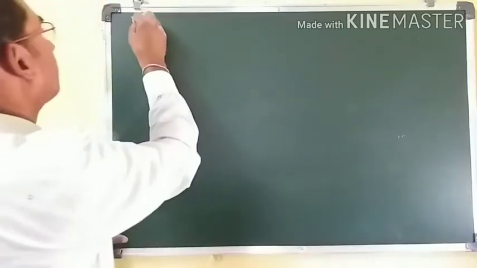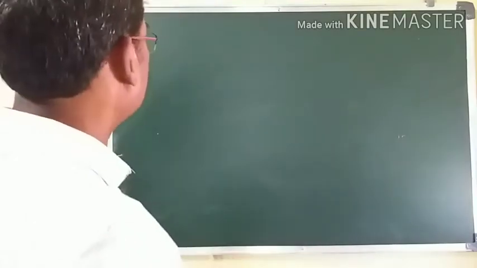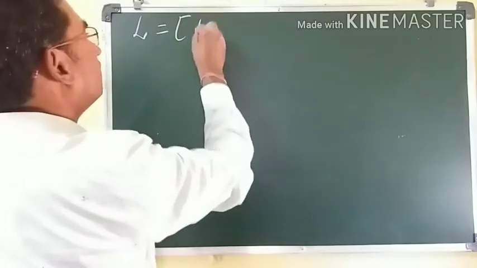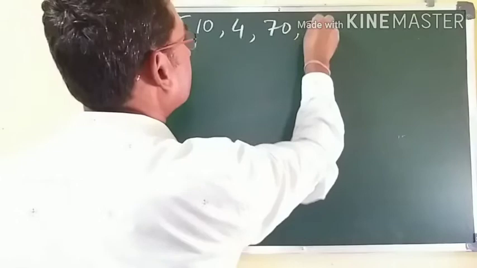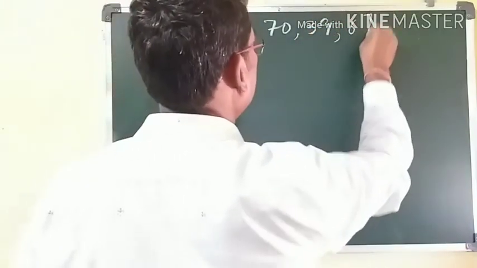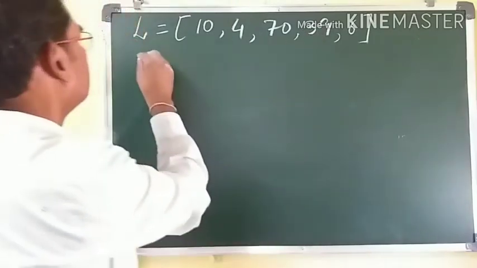Now I'm writing a program to use insertion sort technique to arrange the list in ascending order. Suppose 10, 4, 70, 39, 6. These are the elements here. First you have to find the length.